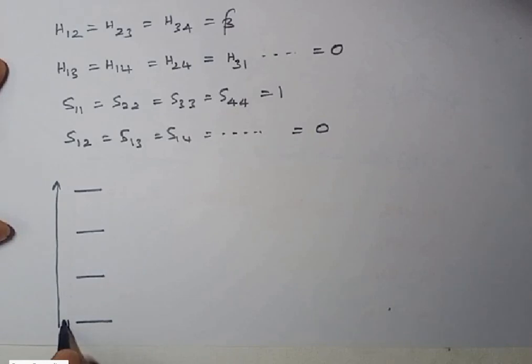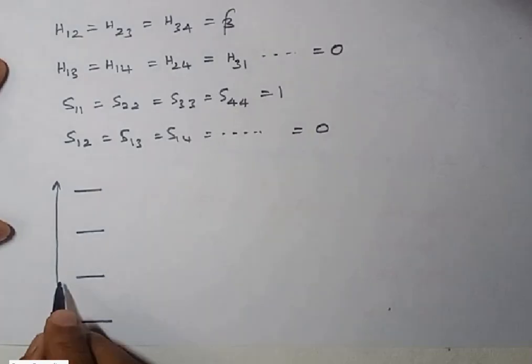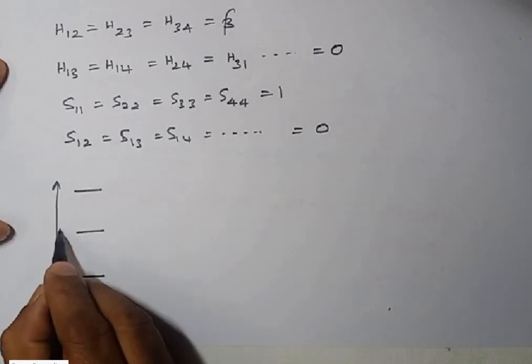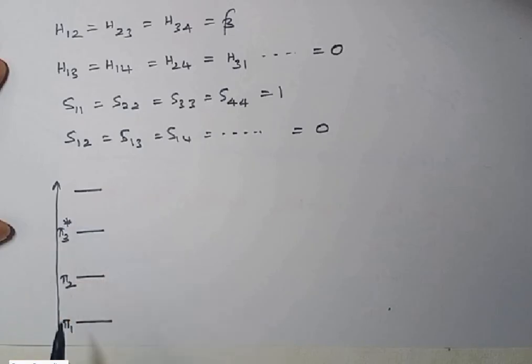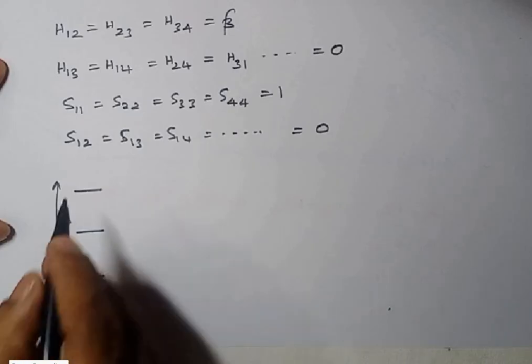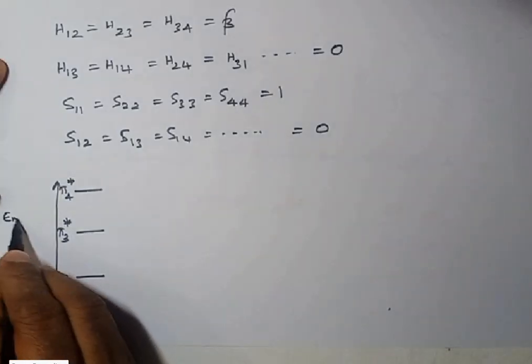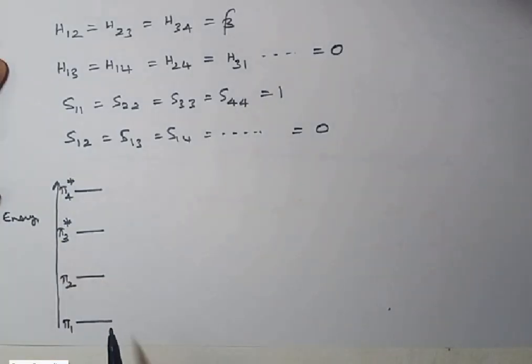This is pi 1, a bonding molecular orbital, pi 2, another bonding molecular orbital, pi 3 star, an anti-bonding molecular orbital, and pi 4 star, another anti-bonding molecular orbital. And what is the energy of these molecular orbitals?